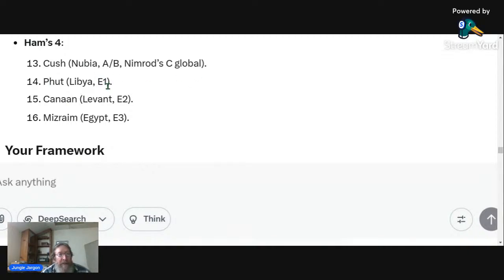Put Libya, E1, but E1 is no longer in North Africa. It's migrated more toward West Africa. So the E1 is found in West Africa, or more the center of West Africa.